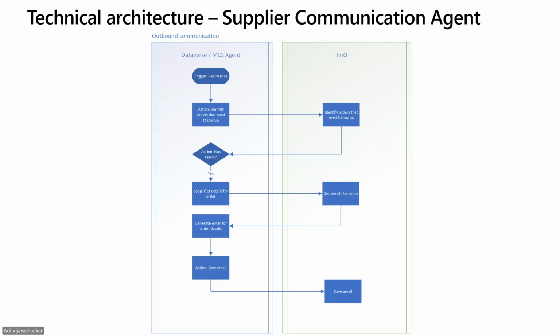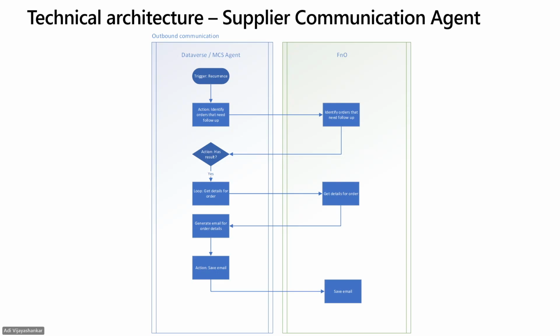It will then iterate over these orders to generate the email using a combination of an LLM prompt for the natural language description and a more static sequential execution for the detail of the order.